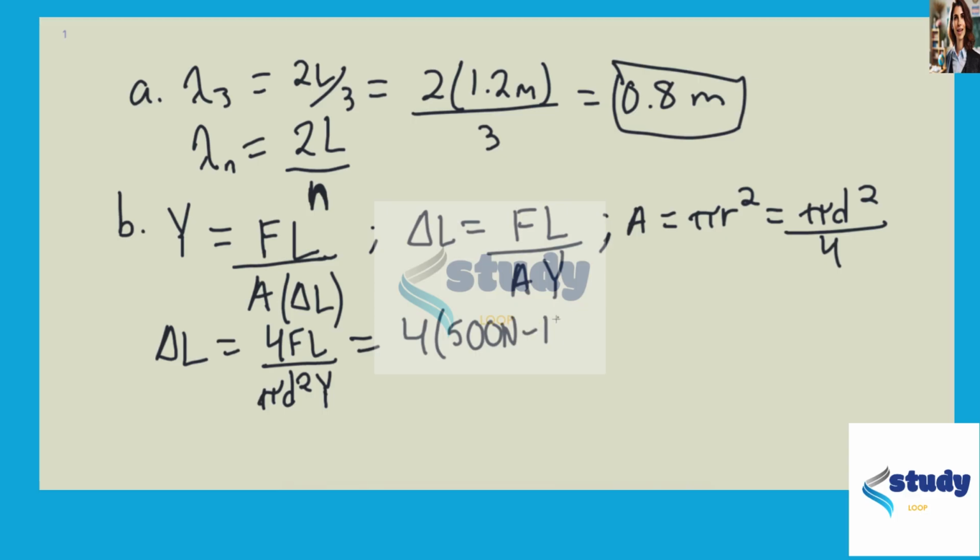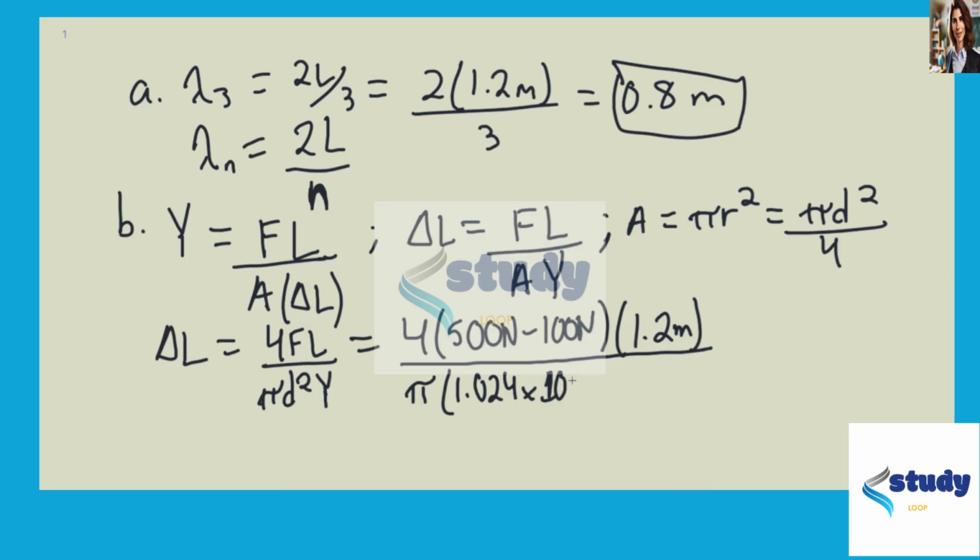However, we had a 100 Newton ball before, so we have to subtract that. That's going to be the difference essentially, and then this will be 1.2, the full length of the string, and then we'll have pi. The diameter will be 1.024 times 10 to the negative third, squared, and then the Young's modulus is simply 11 times 10 to the 10th pascals.